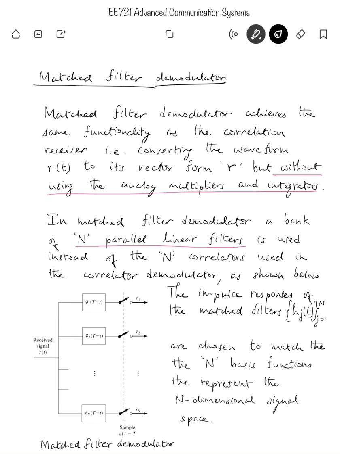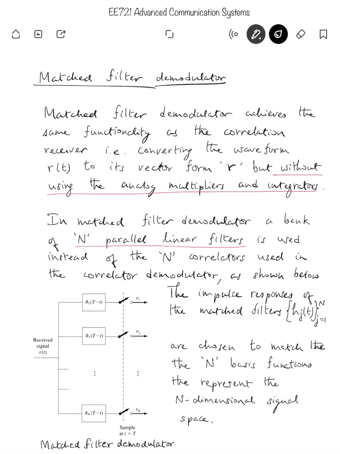Because we want to convert the signal into a vector of length n, we have n parallel linear filters which achieve the same functionality as the correlation demodulator, in the sense that each of these branches computes the projection of the received signal onto the basis function phi1 of t, phi2 of t, and so on.